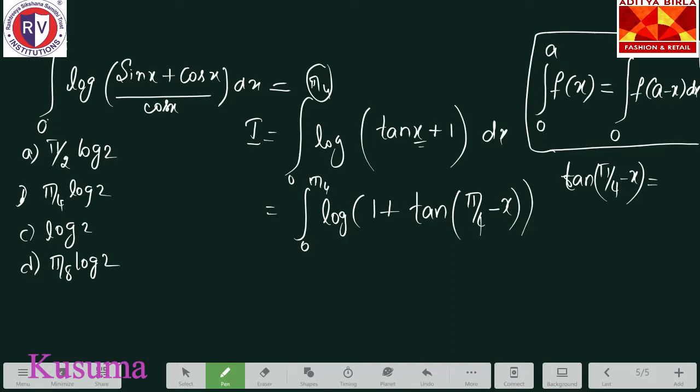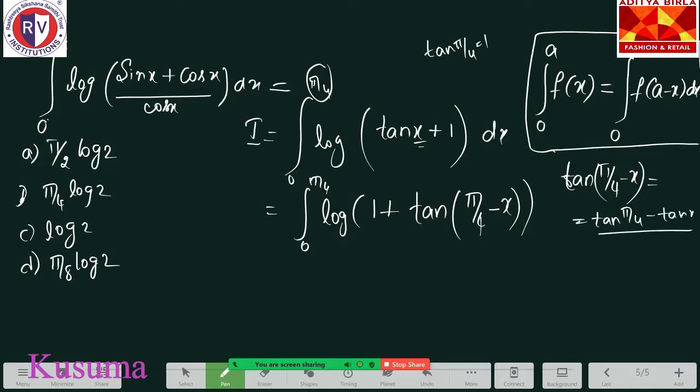Tan pi by 4 is 1. We know that. So this will become 1 minus tan x divided by 1 plus tan x. So let us substitute that in the place of tan of (pi by 4 minus x).